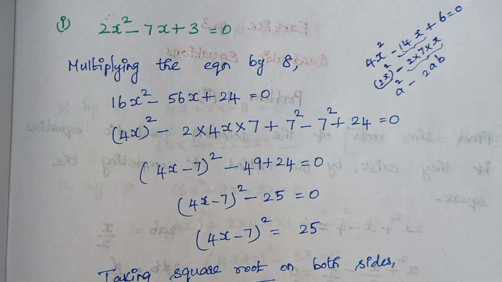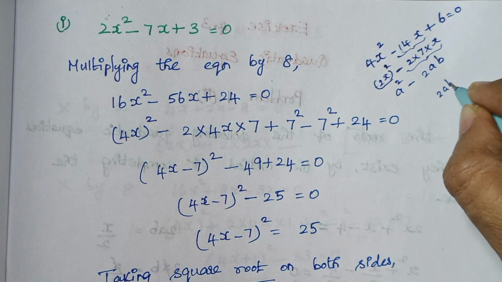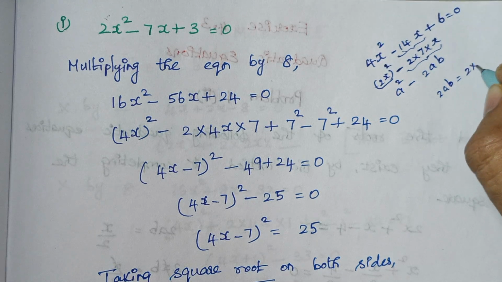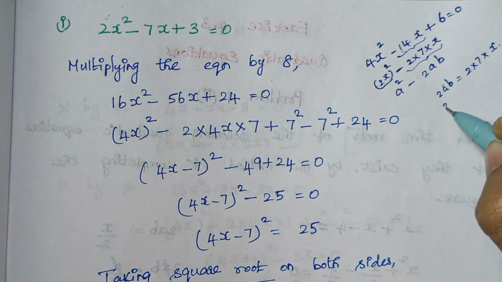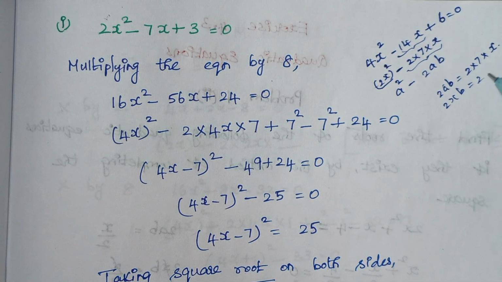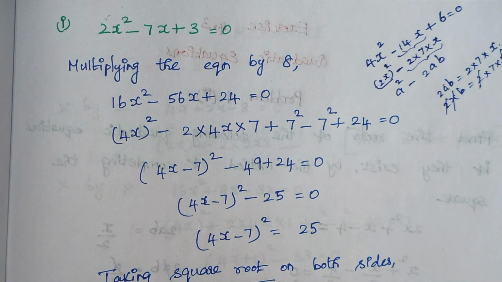Again, when you equate, you see this 2ab is equal to 2 into 7 into x, and in the place of a, we will be having x. So 2xb is equal to 2 into 7 into x. Now this x and x cancel each other, and this 2 and 2 also get cancelled, and finally the value of b is nothing but 7.